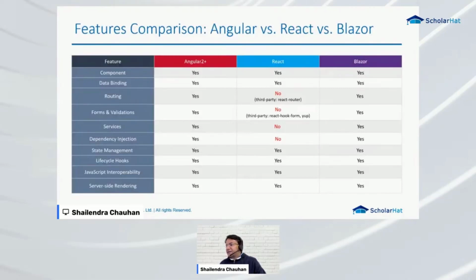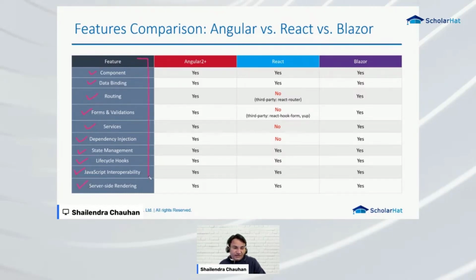When you're comparing any front-end framework or front-end library, we look at these many features: component, data binding, routing, forms and validation, services, dependency injection, state management, lifecycle hooks, JavaScript interoperability, server-side rendering.